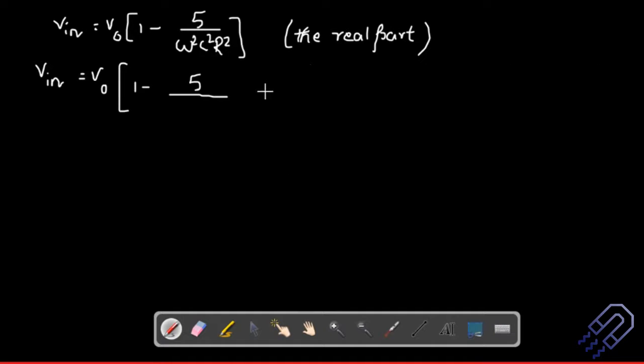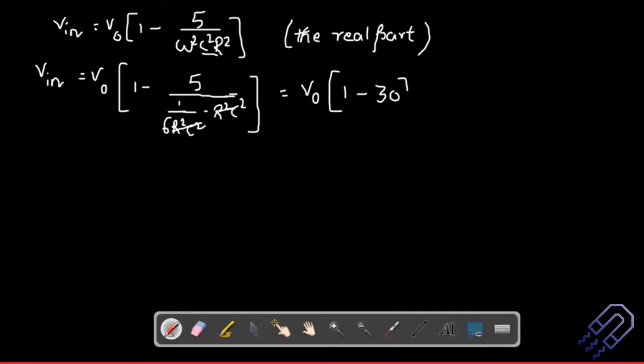We'll just replace it here, so it will be 1 divided by 6 R square C square, and we already have R square C square here. So this part and this part will get cancelled. So it simply has V naught into 1 minus, this goes on the top side. So you can do the calculation: 1 minus 30, so this is minus 29 V naught.